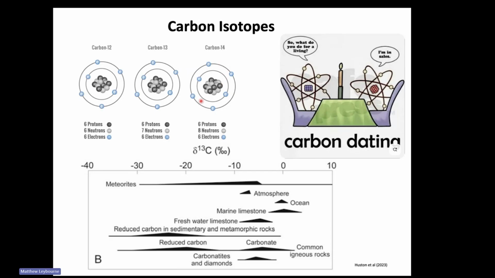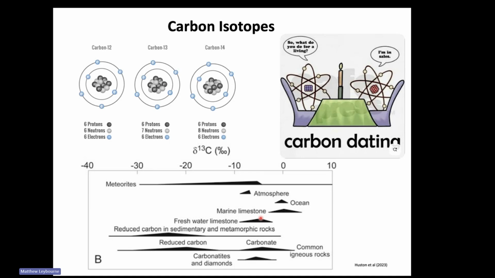The chart on the bottom just shows some of the range in carbon isotope values for different reservoirs. And you can see meteorites have quite a large range. The atmosphere is quite restricted. The ocean is around 0 per mil. Limestones, because they form from ocean water, there's not much fractionation, so they have similar values.